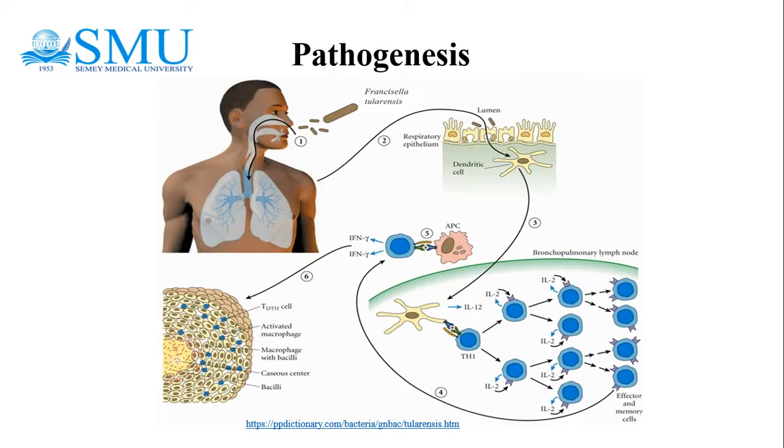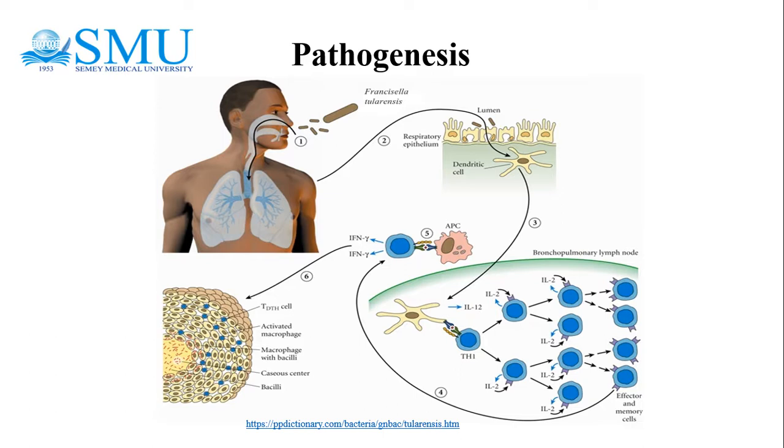And the pathogenesis of this disease: Francisella tularensis enters the respiratory tract and the lamina propria of the respiratory bronchioles via M cells. Digested antigen is taken up by dendritic cells. The dendritic cells travel to regional lymph nodes and present Francisella tularensis antigens to T helper 1 cells.